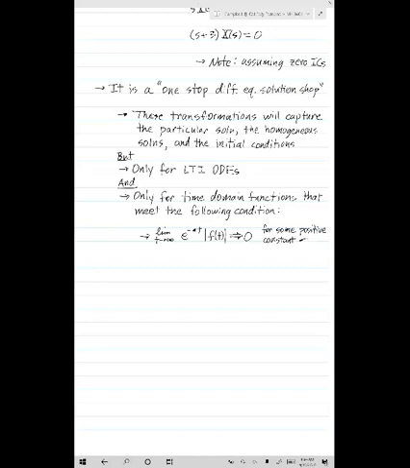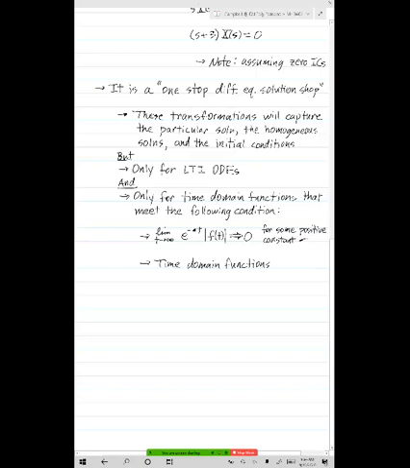Now, because this is important, we will say that we will only deal with time domain functions, of course, that satisfy this requirement, even though we may not know what that time domain function is.